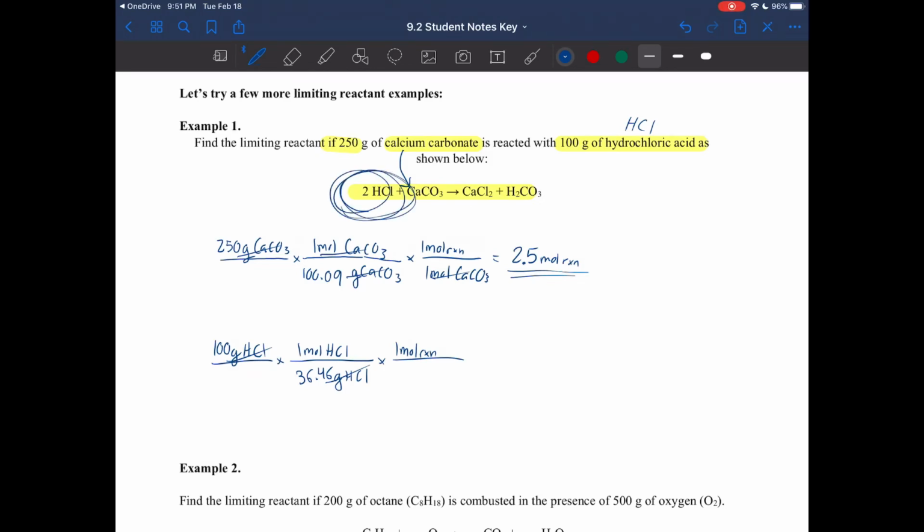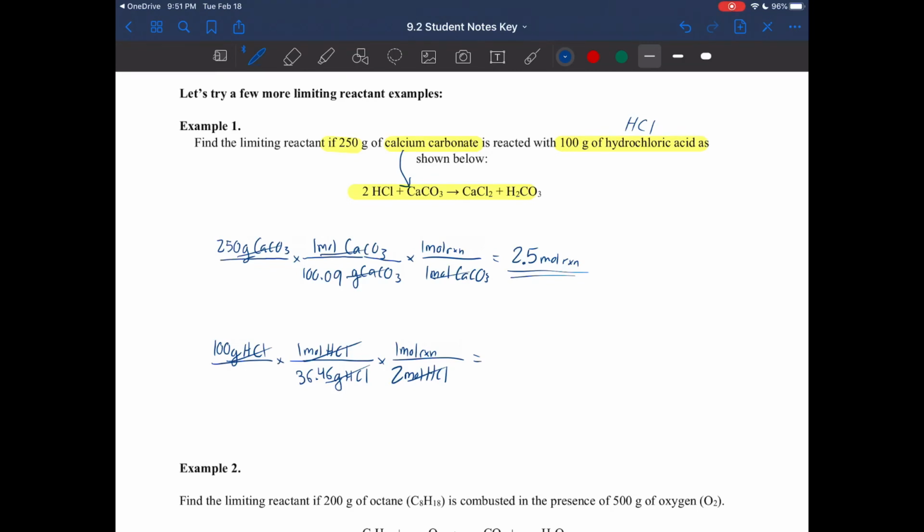So it looks like 2 HCl moles are used up in every single mole of reaction. So we're going to say 2 moles of HCl are used up in every 1 mole of reaction. Moles of HCl cancel here. And now we can calculate this. I would put 100 divided by 36.46 divided by 2 into your calculator.